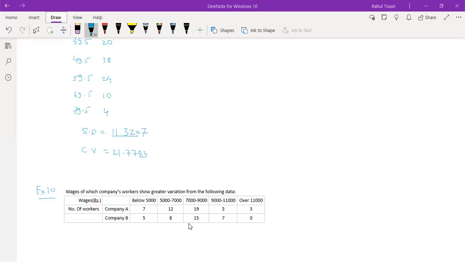Based on that you conclude that more variability exists there, and whichever variation is less, that company is better. So you just calculate only the coefficient of variation for company A and for company B. Whatever the conclusion part is, I will tell you in the next class, then you will be able to write it down.